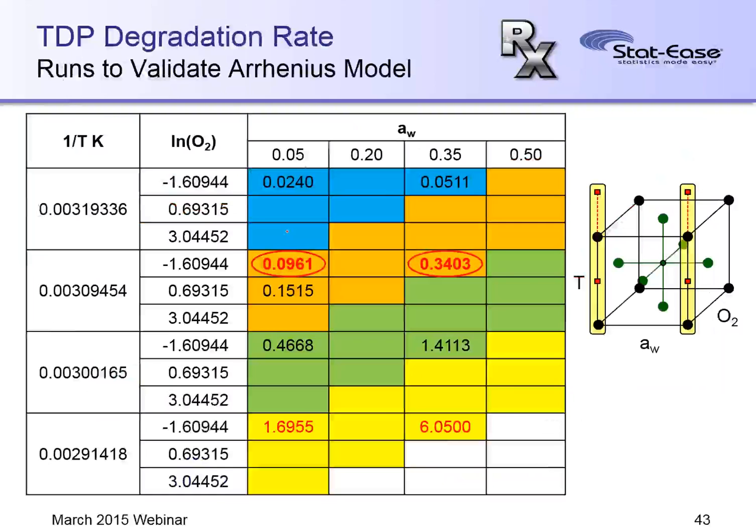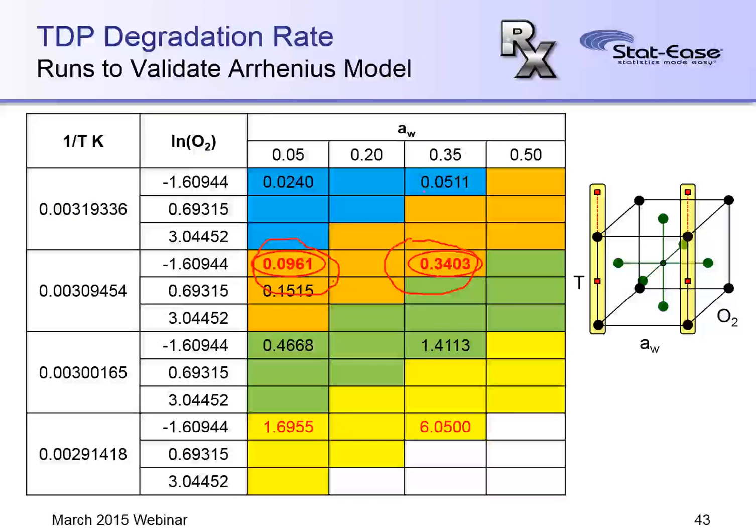So I'm actually going to go ahead now and fill in some of the data here. These red circled values here, which I've already circled, are the two degradation rates that we computed, and they correspond to these 8 points along this yellow vertical bar. Remember, right now we're just focused on the Arrhenius relationship, on validating the relationship between temperature and drug degradation rate.